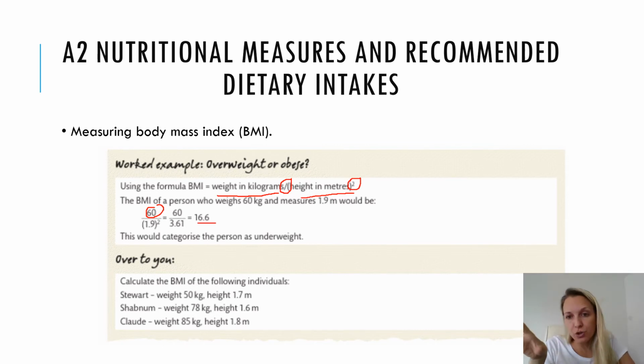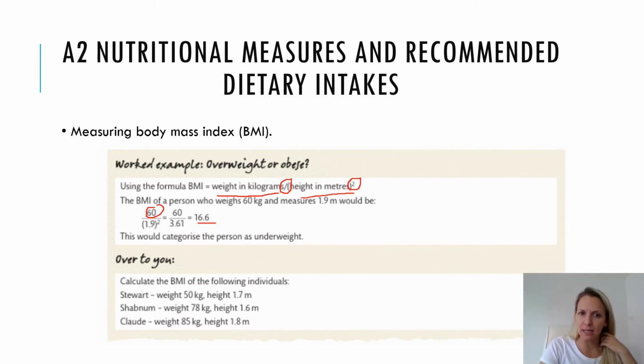Now, this is what I'd like you to do, guys. Again, this is another pause task. See these 3 down here? You are going to calculate their BMI. And you're going to be writing your answers again on the worksheet. But do it now. It's fresh in your mind.